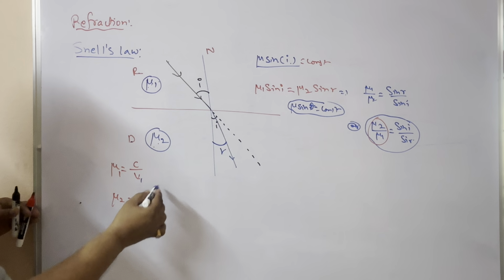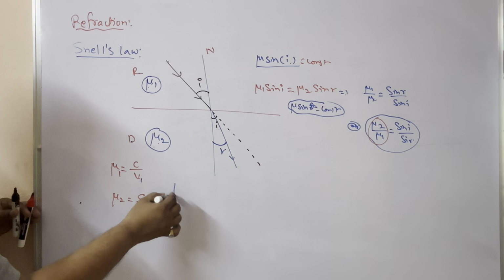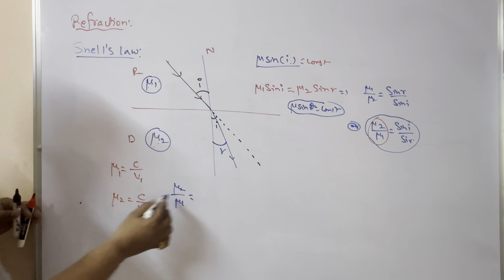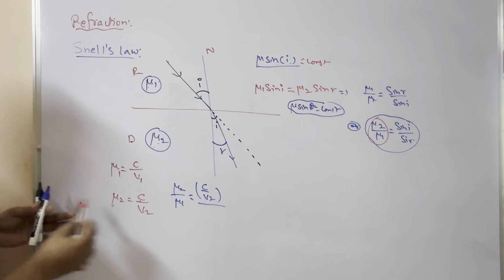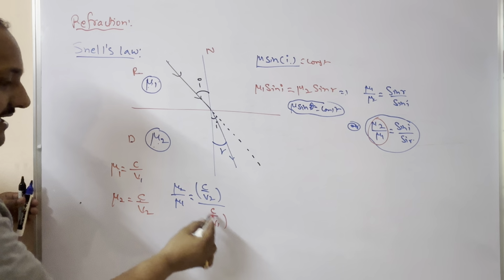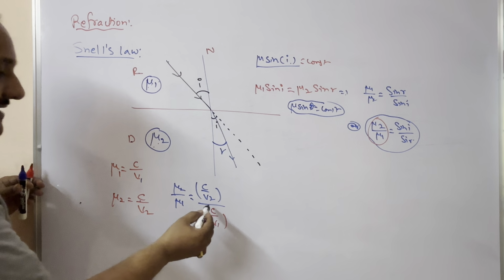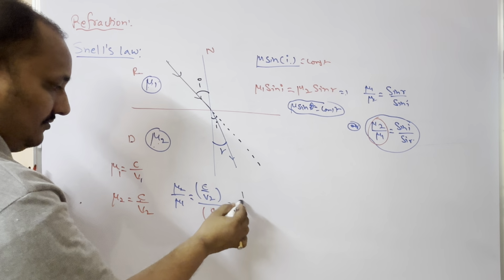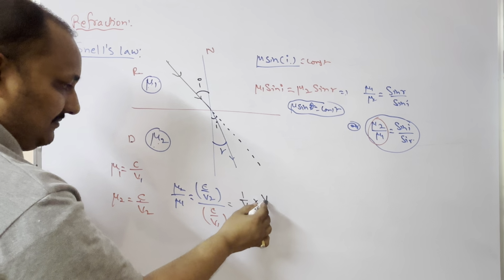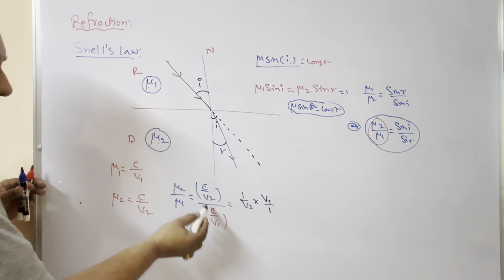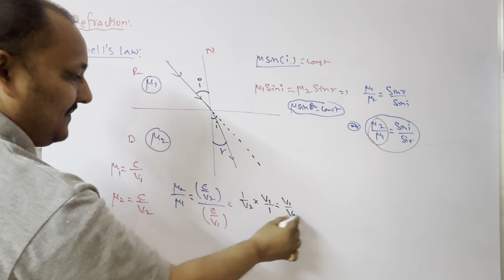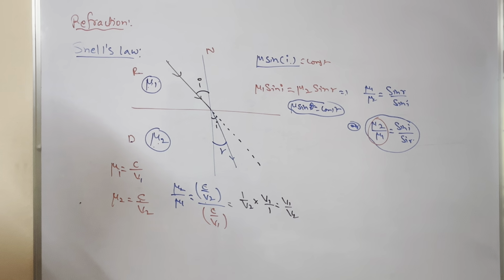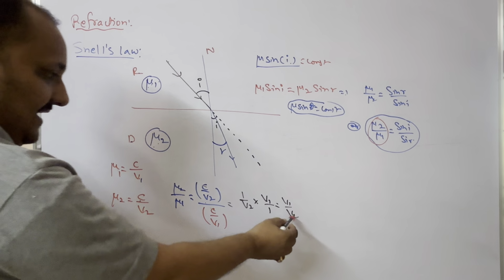If you want mu2 by mu1, it is c by v2 divided by c by v1. If you cancel c and c, it is v1 by v2. So it is the velocity of light in one medium by the velocity of light in another medium.